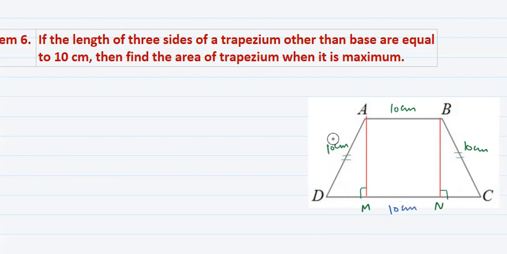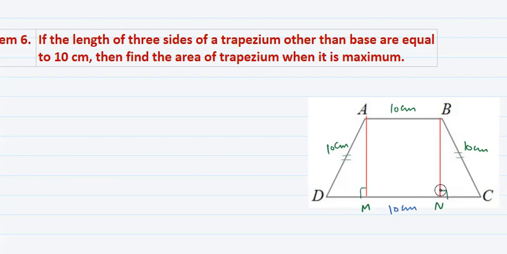So now let us check the length of DM and NC. Let us see the two triangles ADM and BNC. Here AD is equal to BC, this is given. AM is equal to BN, you know this thing, the distance between the two parallel lines, and angle M is equal to angle N, each 90 degree.